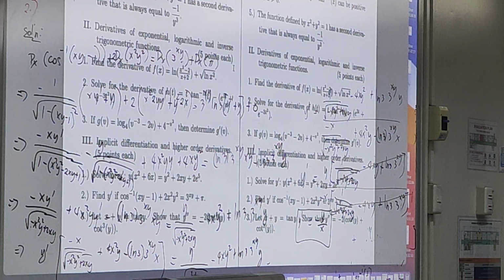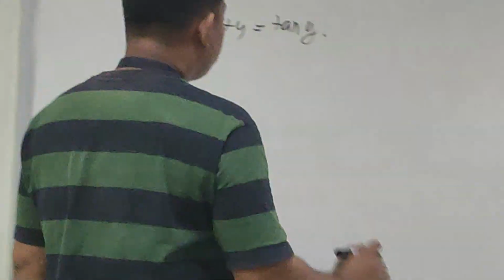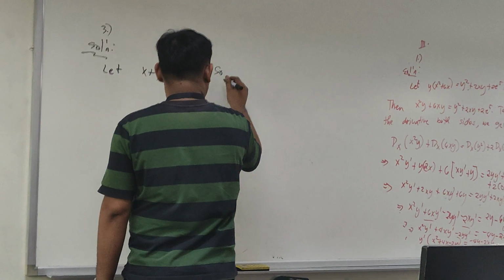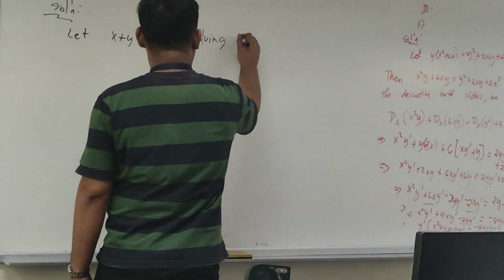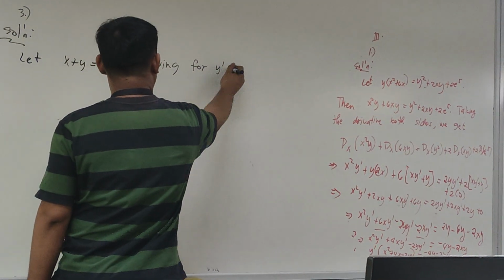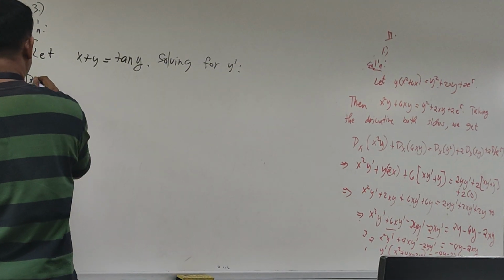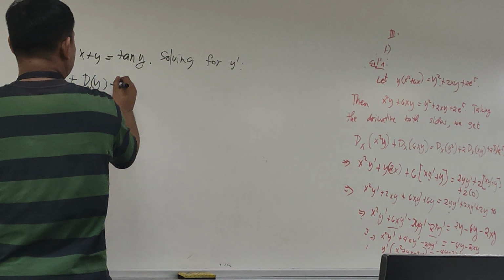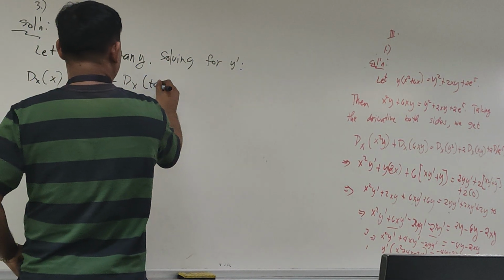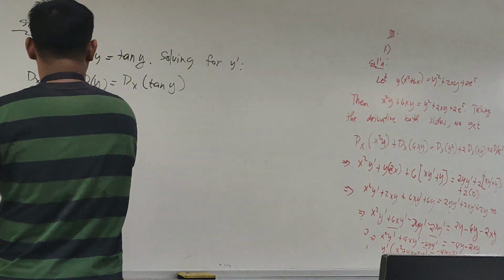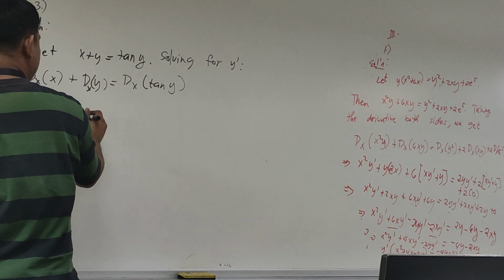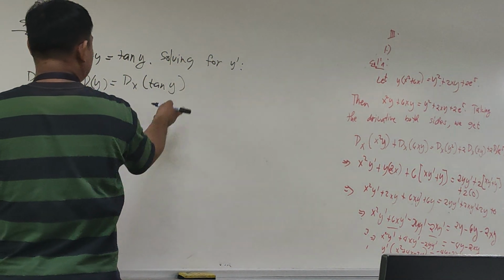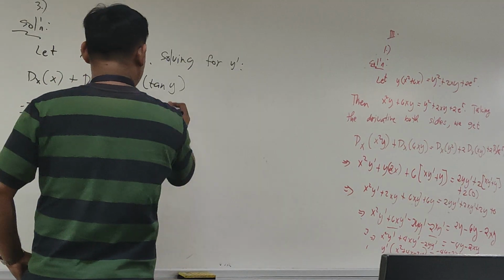Okay, let x plus y is equal to 10. Solving for y prime, we have the derivative of x plus the derivative of y, the derivative of tan of y. So this is just 1 plus y prime. What is the derivative of tangent of y?